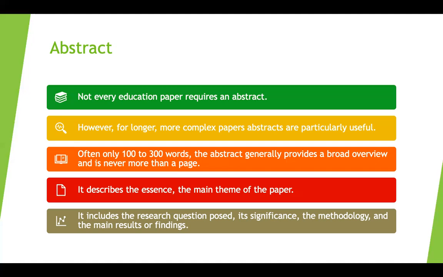You have to mention the research question there, what the significance of that research question is, what methodology you adopted, and you also highlight some of your findings, which may develop interest in the eyes of the readers. After the title, the abstract is very important, because before reading the whole paper, people like to see what the research paper is all about.